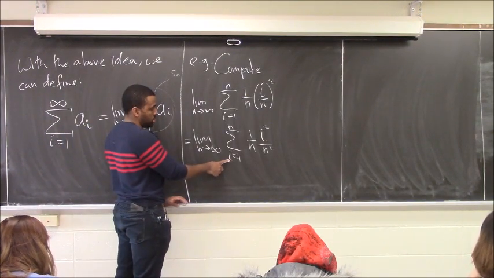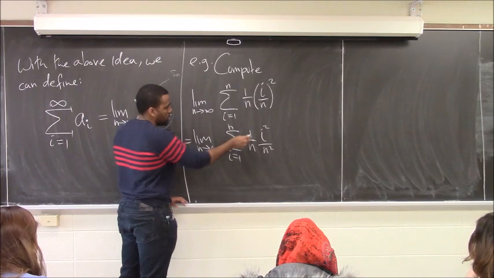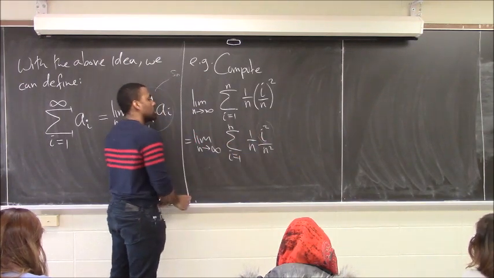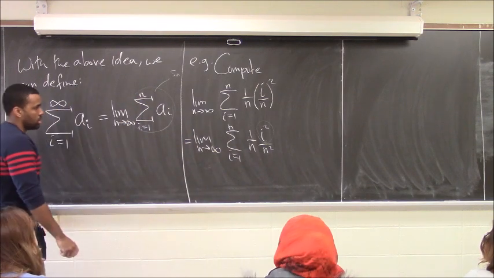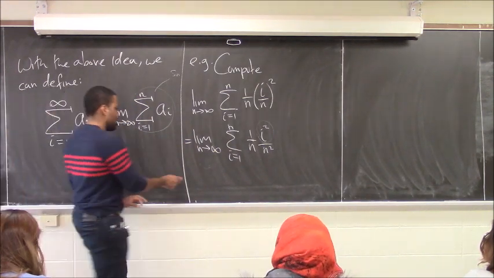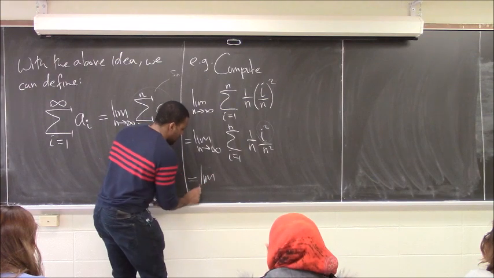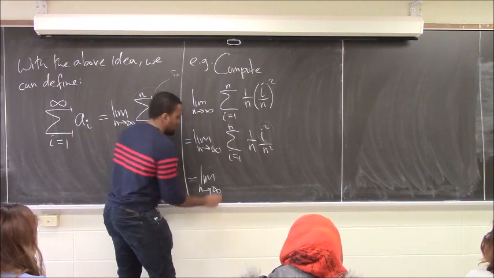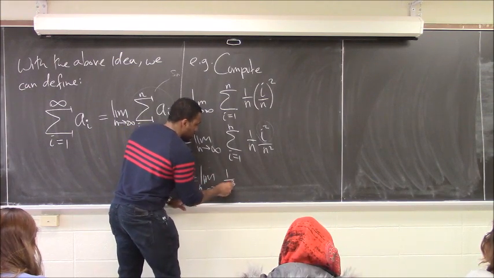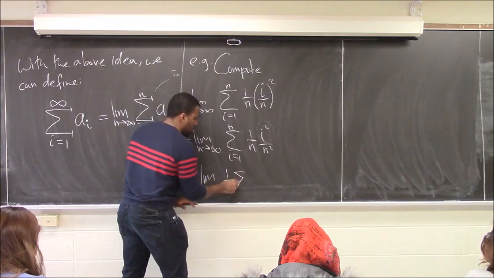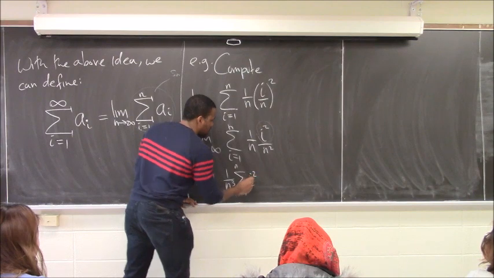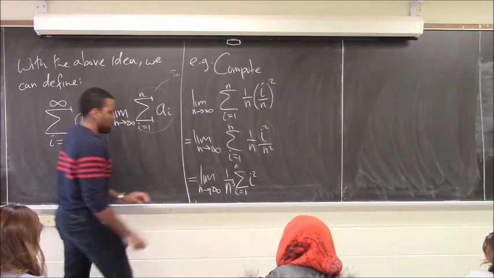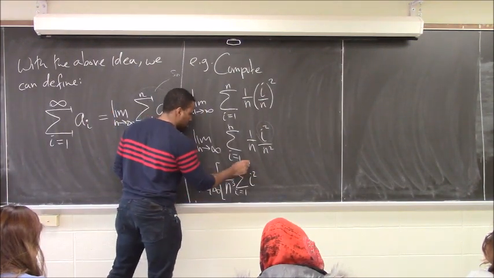You can tell who the variable is by looking at the index of the series. So this guy is the variable. It turns out that the n's themselves I can consider as constants. And so I can factor them out according to the earlier property I mentioned. So I can factor out a 1 over n cubed, and then I'd be left with the summation of i goes from 1 to n of i squared. And I want to take the limit of that.